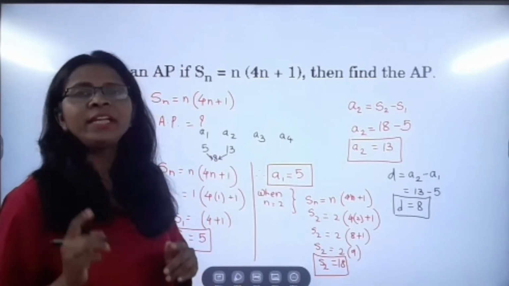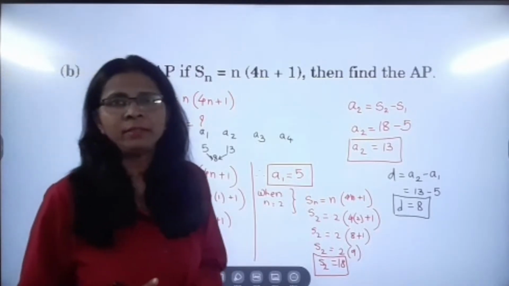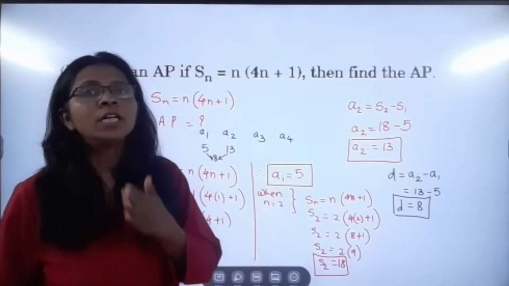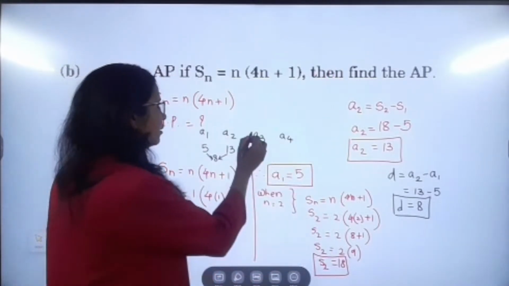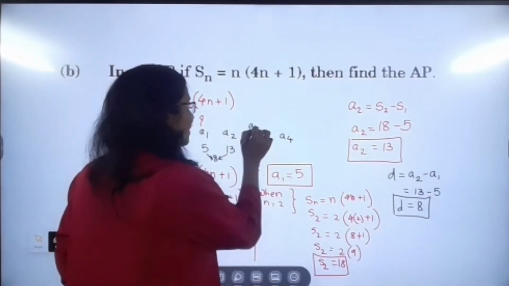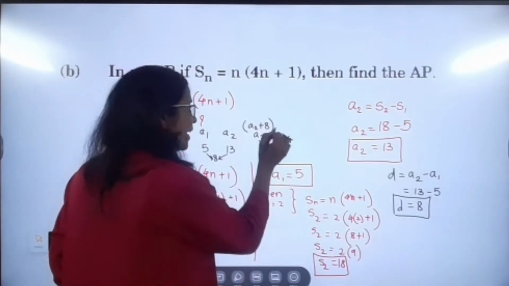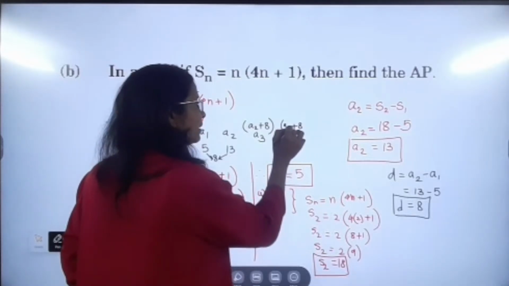As the common difference is 8, students, we can find out the third term, fourth term, fifth term, or the series of numbers. This way we can get A3 by adding 8 to A2, and A4 by adding 8 to A3.